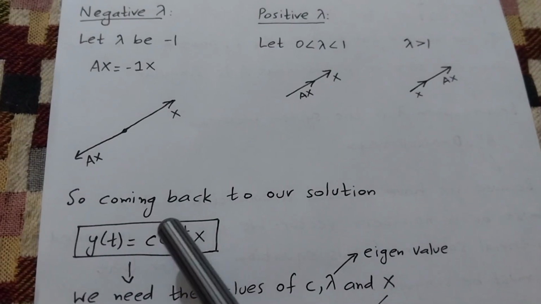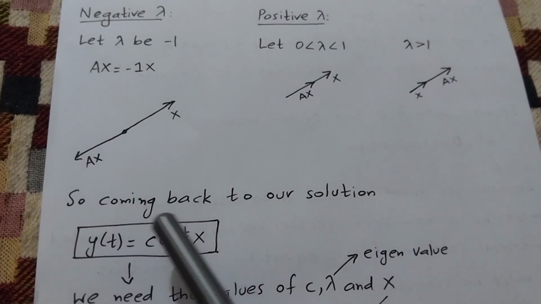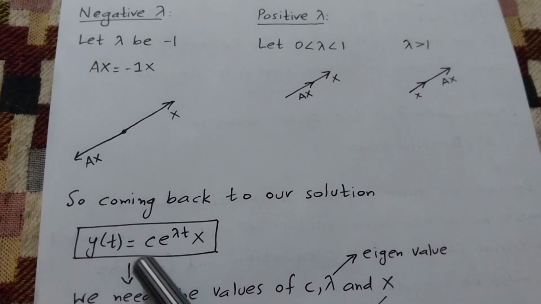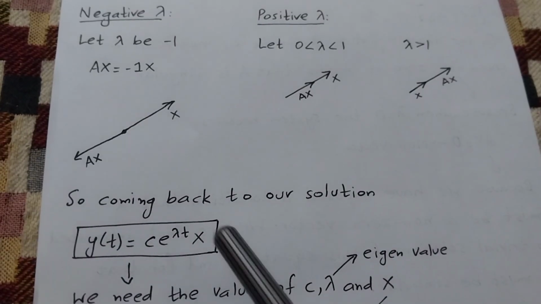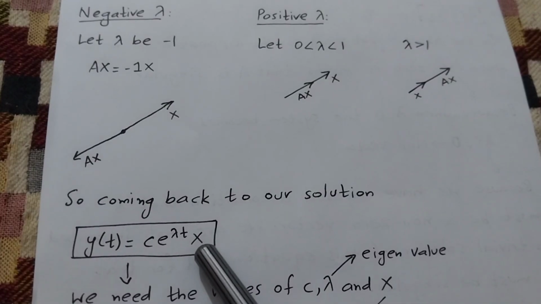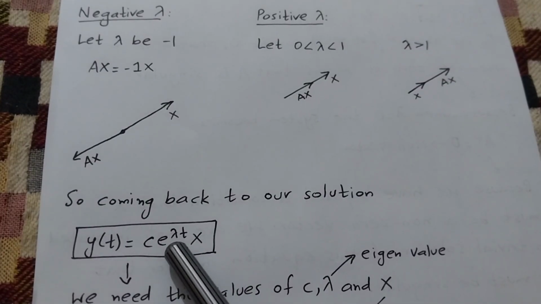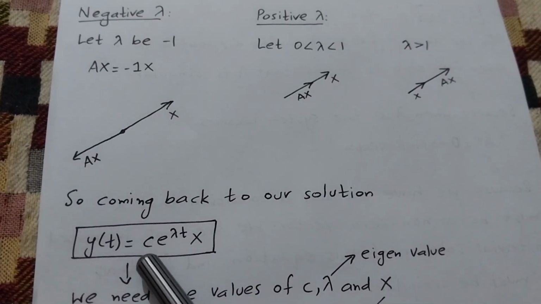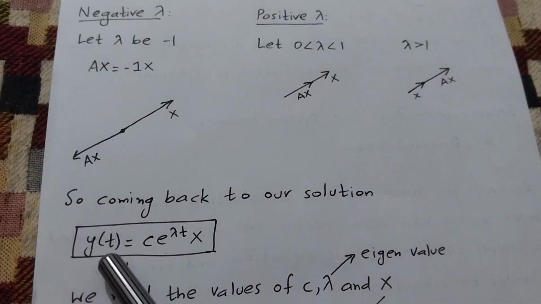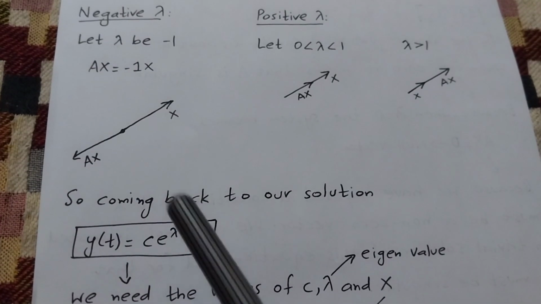So, we need three things here. We need the value of this constant, we need the value of this lambda, and we need this x, the eigenvector and eigenvalue and this particular constant, to get what we are interested in, which is the vector y of t, which has two elements, y1 of t and y2 of t, and we are interested in those two functions.